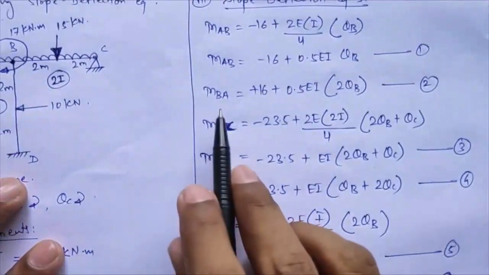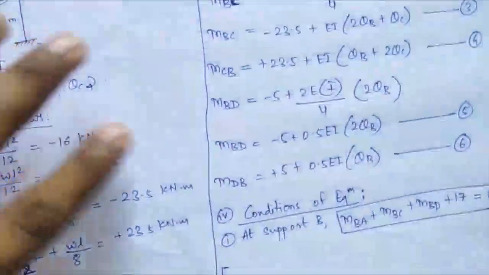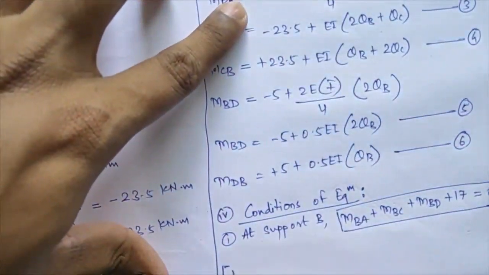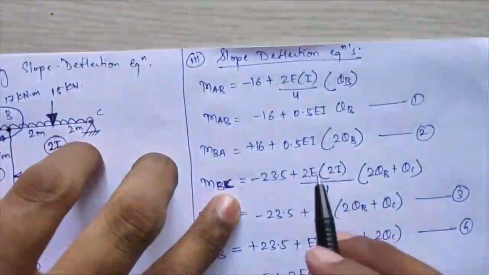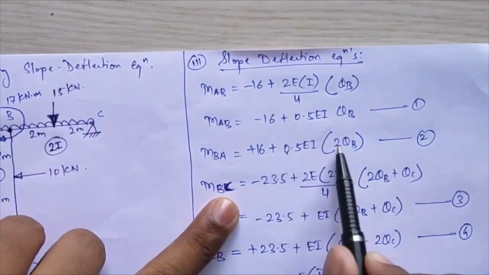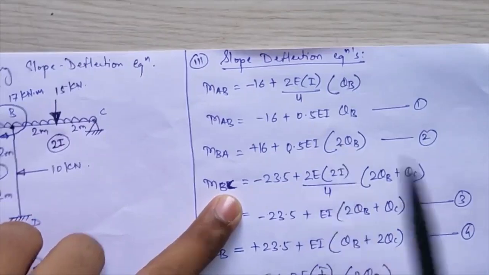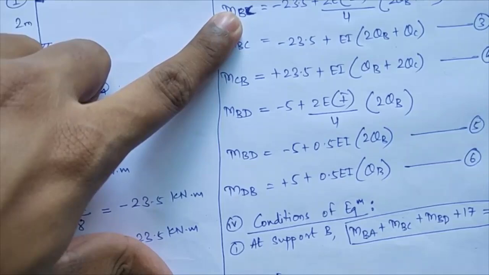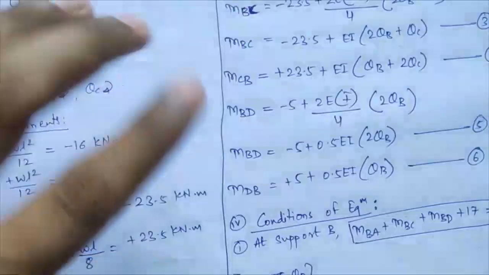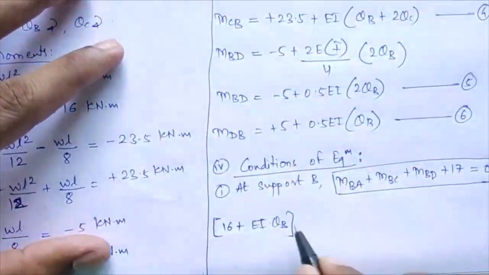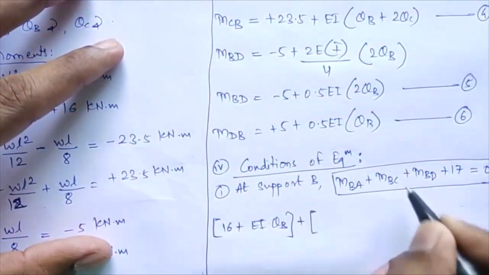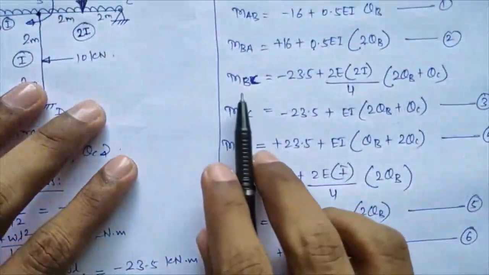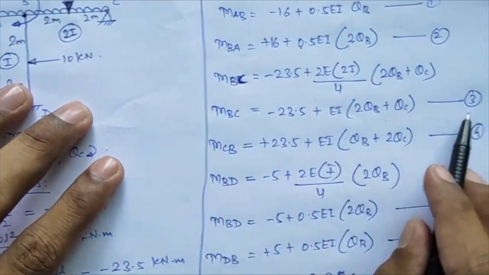MBA, equation of BA, that is your equation number 2. I'm writing that here: 16 plus, see here I'll simplify this, 0.5 into 2 will become 1. So here directly I'm writing EI into theta B. Simplification will make your numerical easy. Plus now BC member, that is your equation number 3 that I have got.